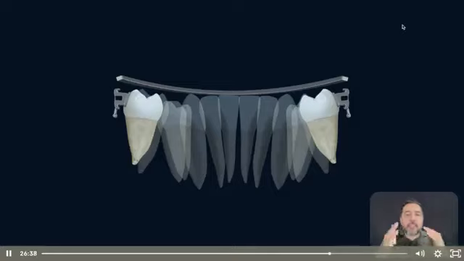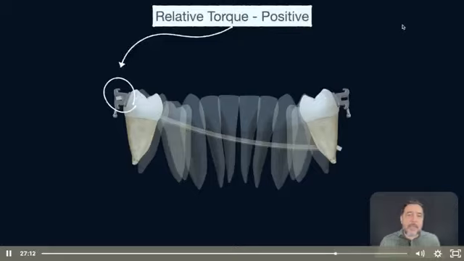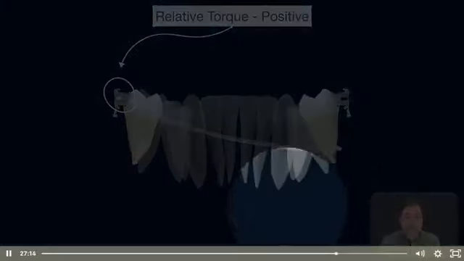What does this torque do to the inclination of the posterior teeth crowns? Is it going to change the inclination, first of all? Yes, it's going to change, because it's generating a couple, and this couple is generating a moment that will change the inclination of the posterior teeth towards buccal. The crowns are going buccal and the roots are going lingual. Look at that. So this is the way we assess what we call the relative torque.